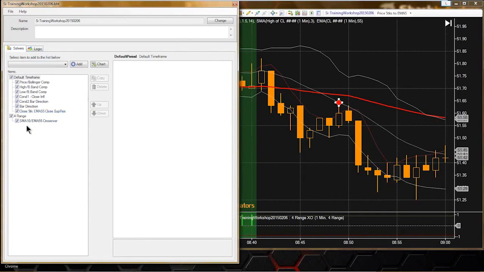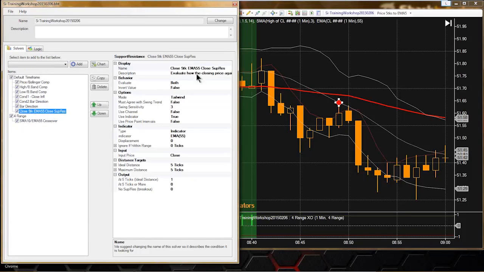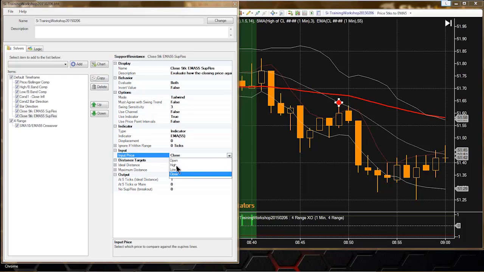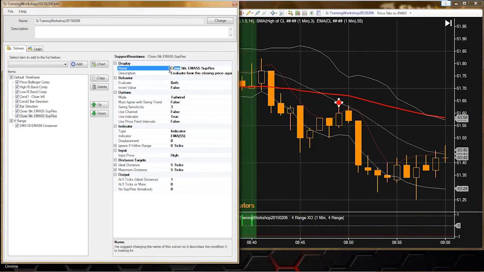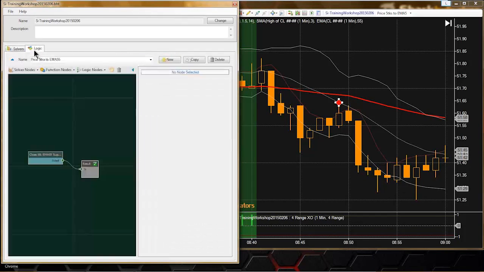And let's grab that solver here. There we go. And change the name. There we go. So I'm going to take this solver I just made, I'm going to make a copy of it. And instead of looking at the closing price, let's take a look at the high of the bar. Alright, so I'll rename it so we know that it's looking at the high price now.